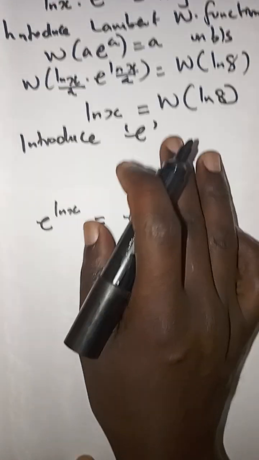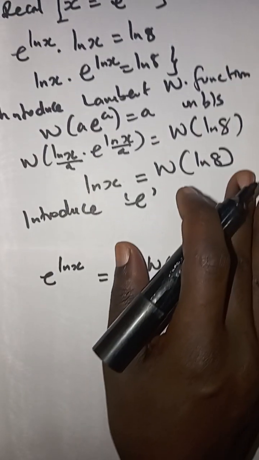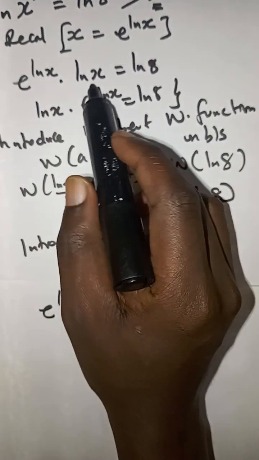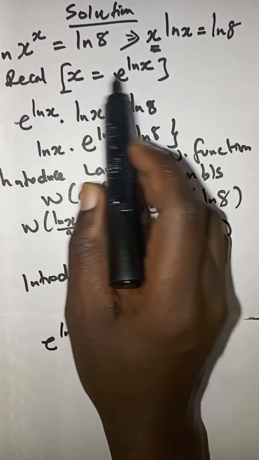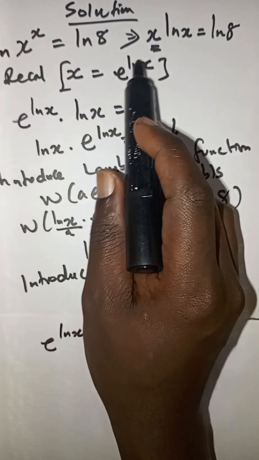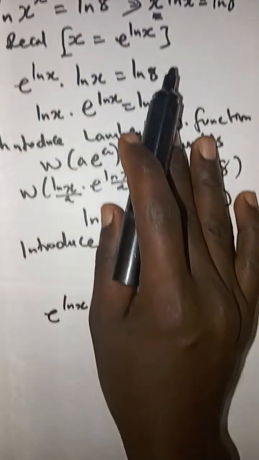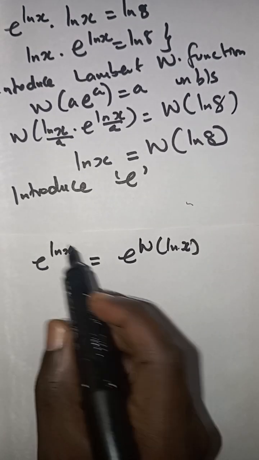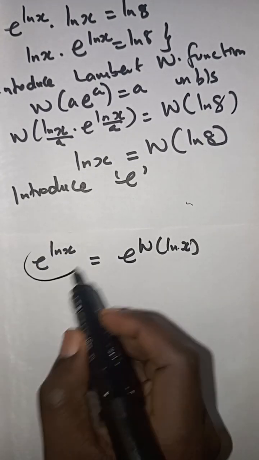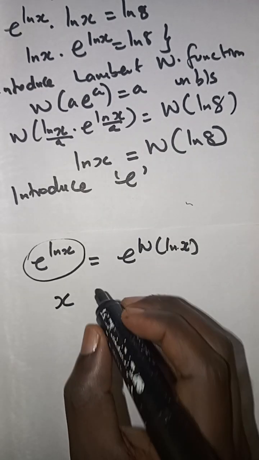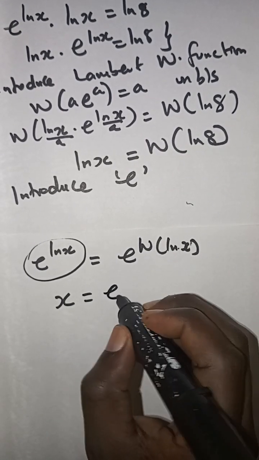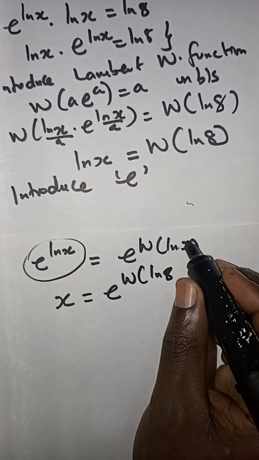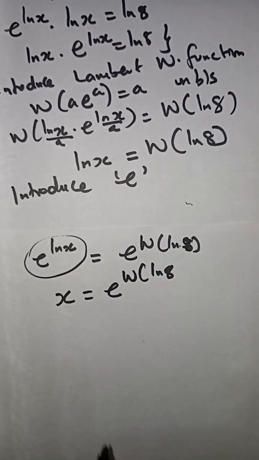But recall from this particular point, we said that x is equal to e to the ln of x. So meaning at this other end, this now changes to x is equal to e to the W of ln of 8, like that.